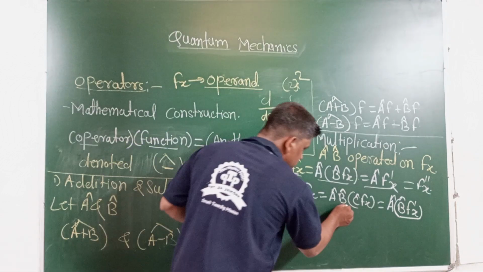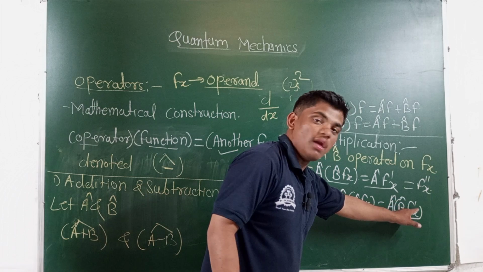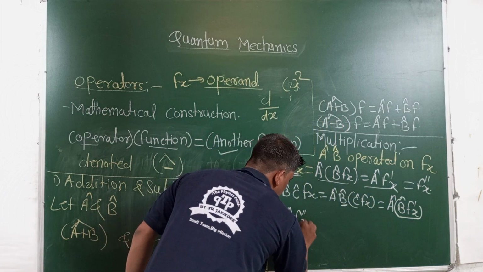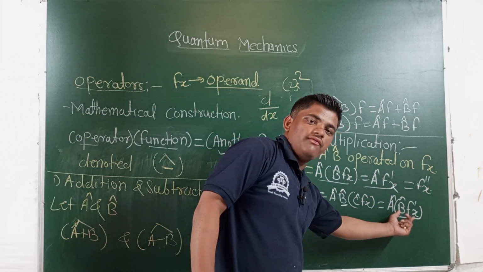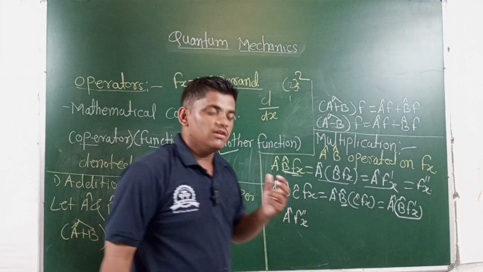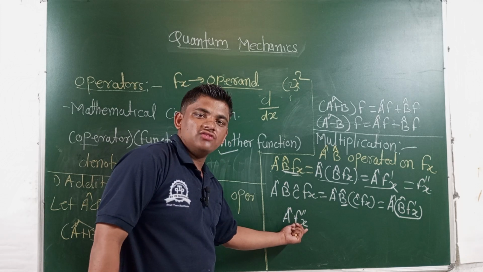Then again the right hand side operator is operated on f dash of x, and I get the different function f double dash of x.